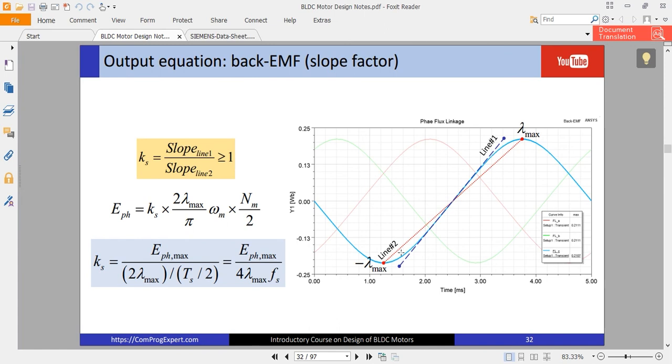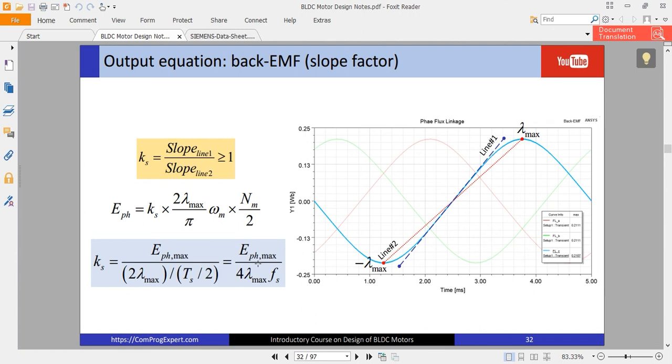So this is the equation for calculation of the slope factor. In finite element software, we will use this equation to calculate the slope factor. Its explanation is easy, and you can investigate this equation as a practice.